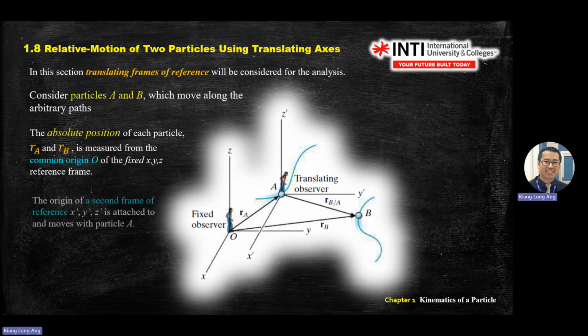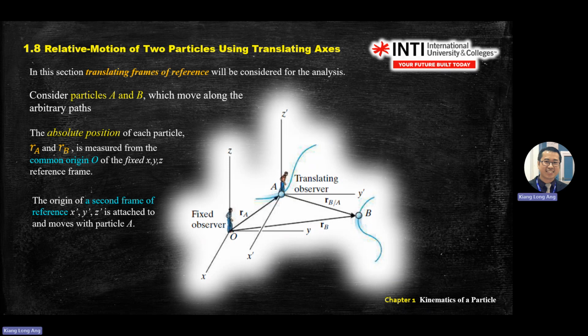All the R, you know from this diagram, R is from here, R is from here, and then this is the RB stroke A. I want to highlight this one. So RB stroke A just means B relative to A.